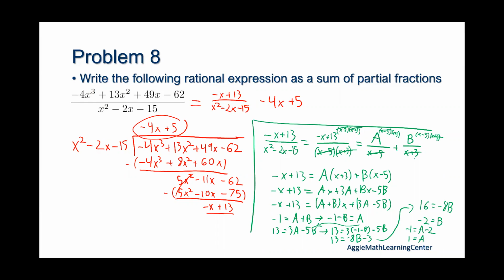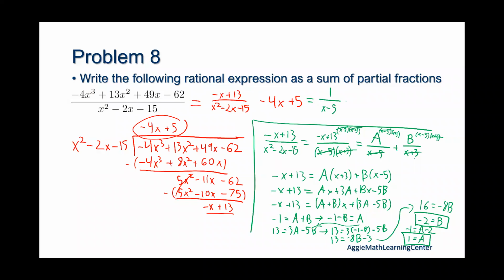Okay, so then we're going to take these two and substitute them. I'm just going to write it back up at the top so that it's all together. Here's our a is 1, so 1 over x minus 5. And then b is negative 2.